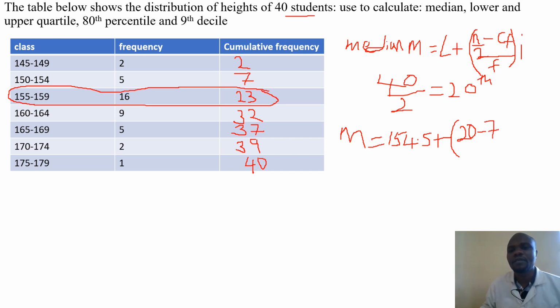Then we divide by the class frequency of 16, which is the median class, and multiply all this by our class interval, which is 5.